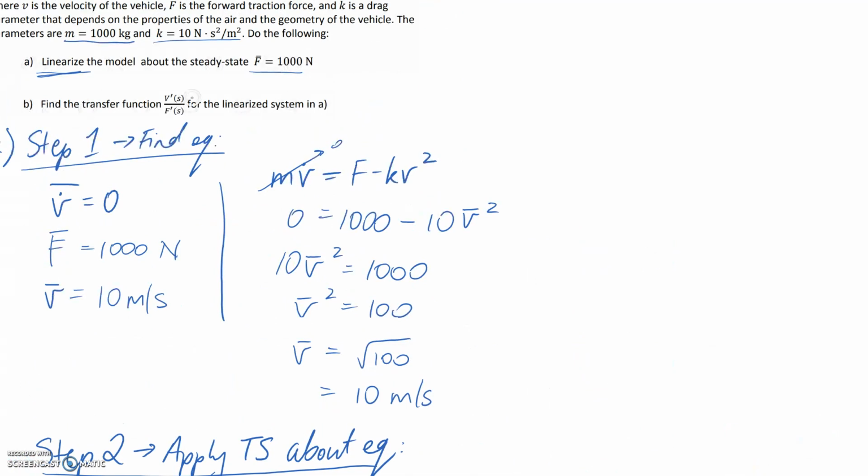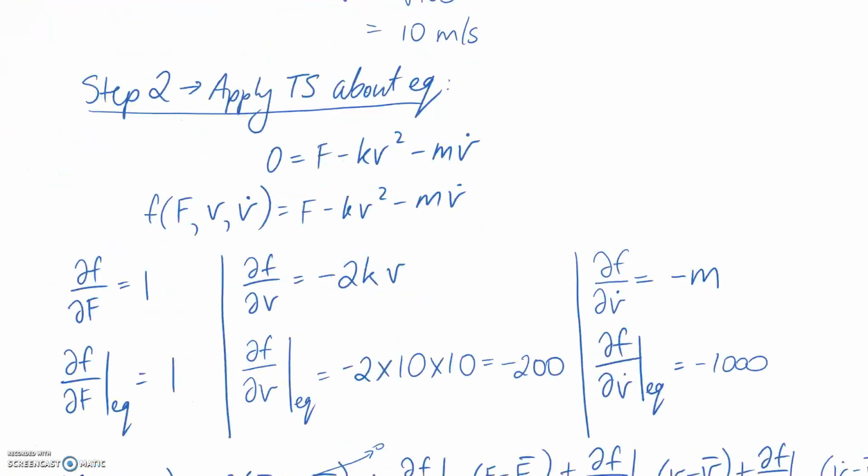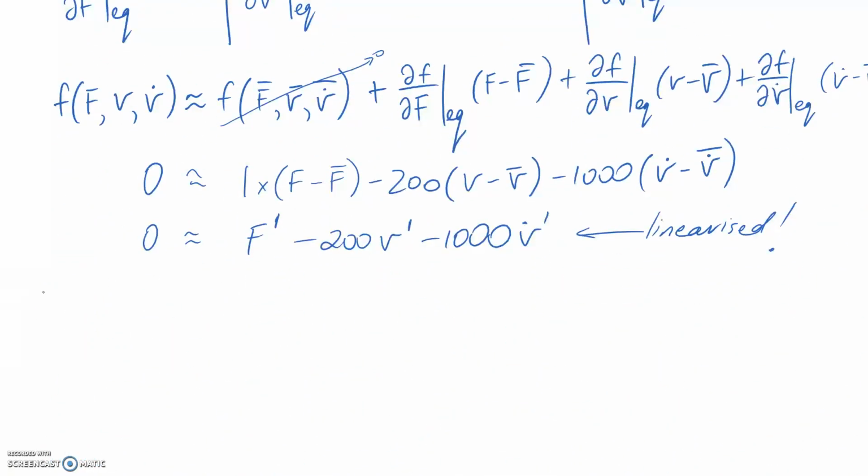So part B is now to change this into a transfer function where we want v dash on f dash in the frequency domain. So jumping down, what we're going to want to do first of all is take the Laplace transform of this function. So 0 is going to be equal to, this is going to stay as f dash, this is going to stay as v dash, but this one has a derivative on it.